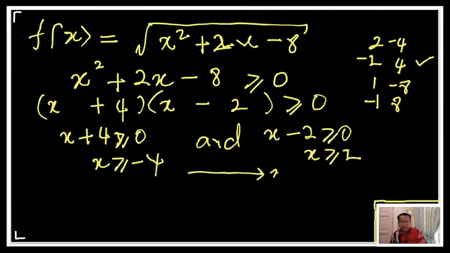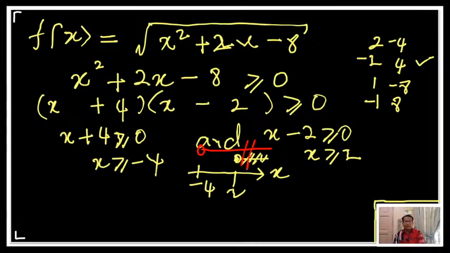If you draw the number line with minus 4 and 2, the intersection gives x greater than or equal to 2.